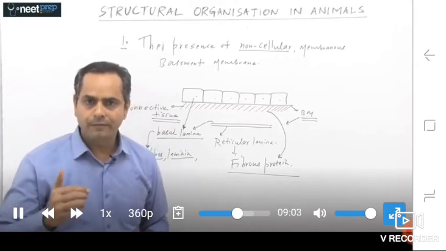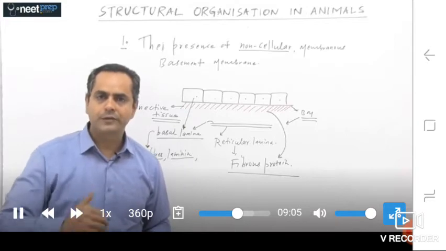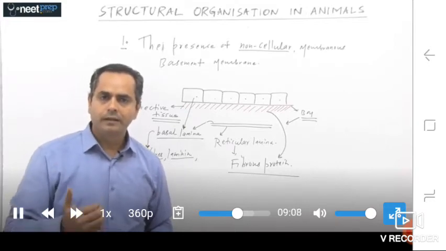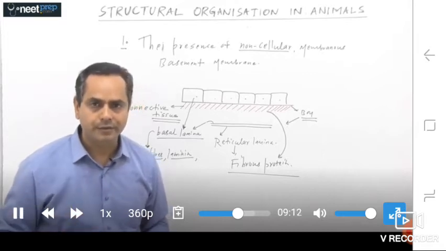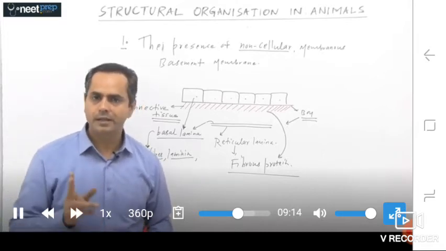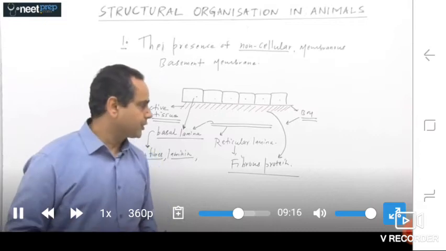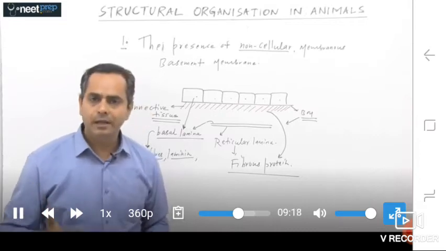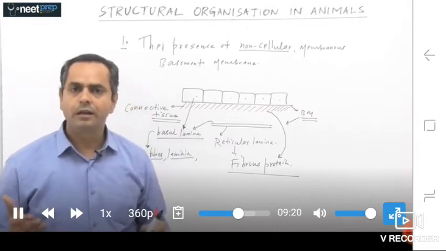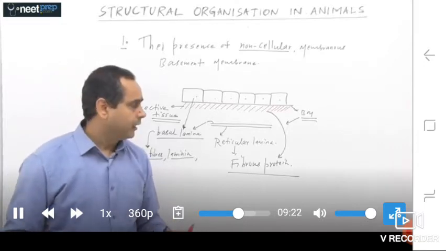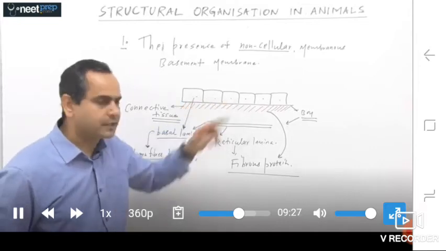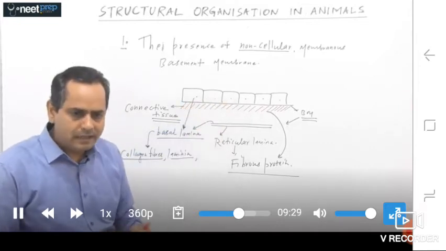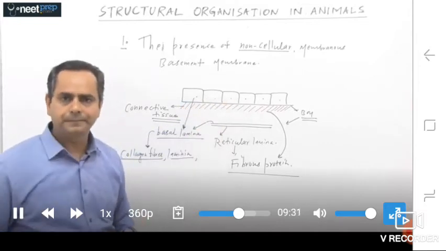Part of it is formed by the epithelial cells along with the underlying connective tissues. Remember, the basement membrane consists of two layers: the basal lamina and the reticular lamina. Now above the basement membrane, the cells may be arranged in single or multiple layers.